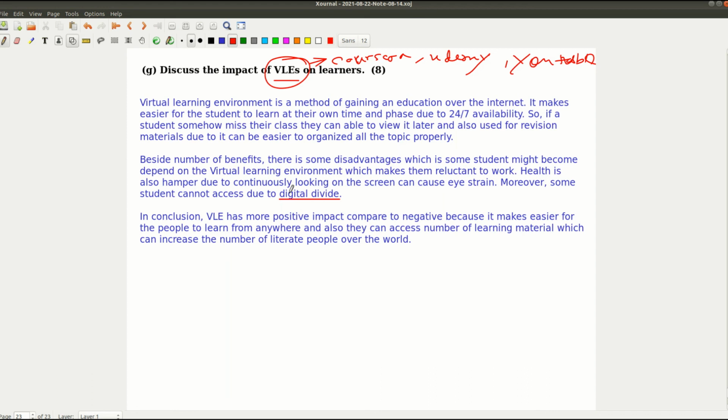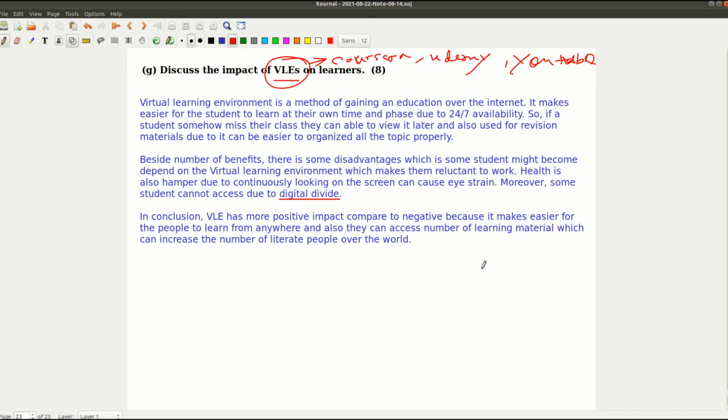Okay. So in conclusion, VLE has a more positive impact compared to negative. Why? Because it makes it easier for people to learn from anywhere. And also they can access a number of learning materials which can increase the number of literate people over the world. Before 10 or 15 years ago, we had to pay university fees to learn a certain subject, but now we can easily access it through the internet.